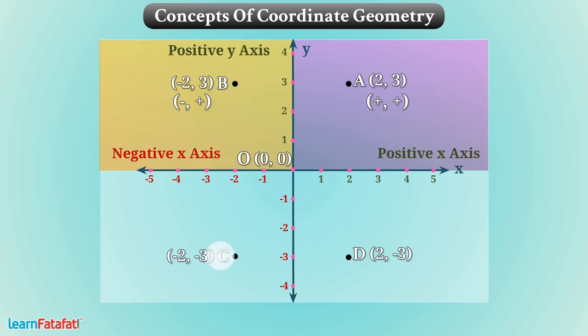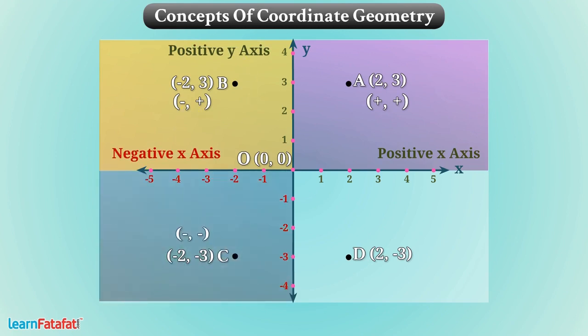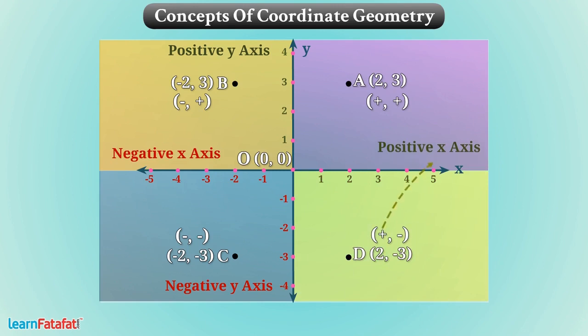The coordinates of a point in the third quadrant will be in the form (-, -), as the third quadrant is enclosed by negative x-axis and negative y-axis. Also, the coordinates of a point in the fourth quadrant will be in the form (+, -), as the fourth quadrant is enclosed by positive x-axis and negative y-axis.